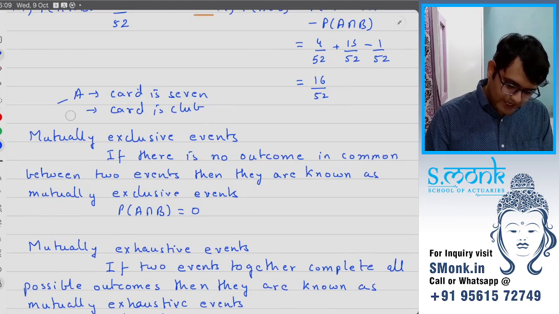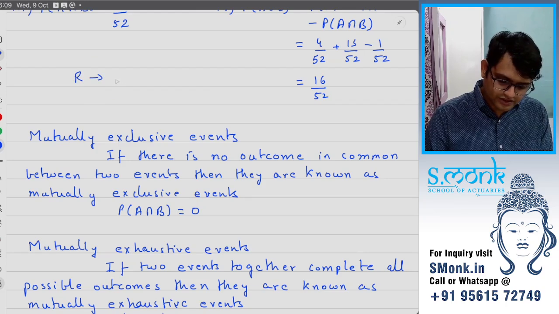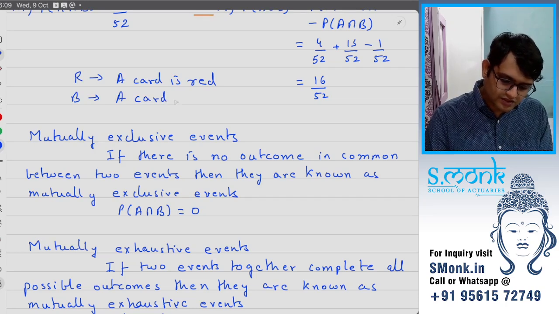But if I say, let's say event R is the card is red, and let's say B is the card is black.